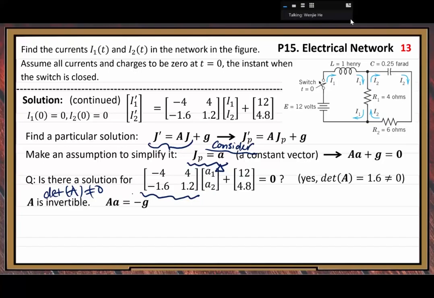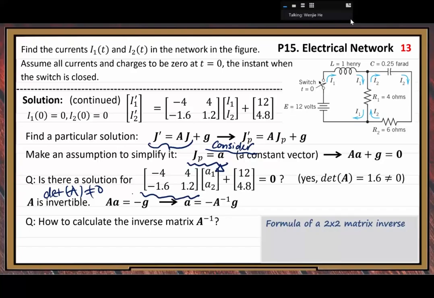Now we need to solve this linear system. If we multiply both sides by A inverse, we can get little a immediately: little a equals negative A inverse times g. So we only need to find the A inverse matrix. How to calculate the inverse of a 2 by 2 matrix?